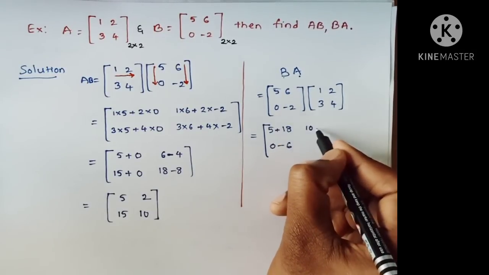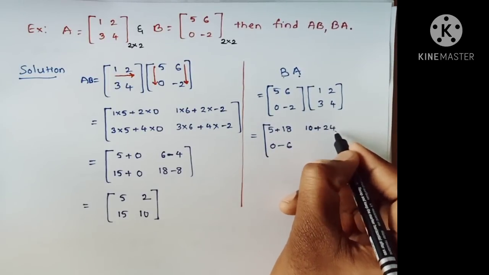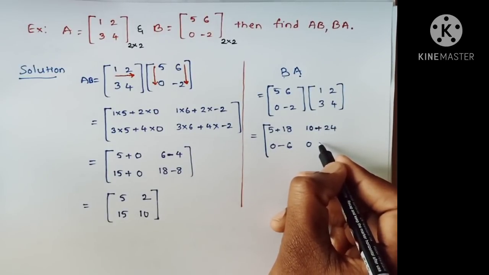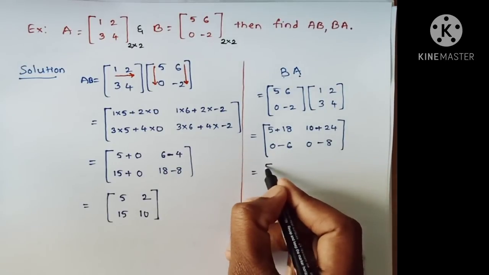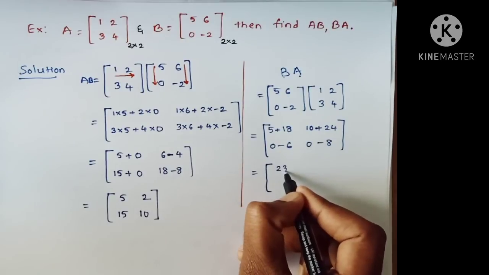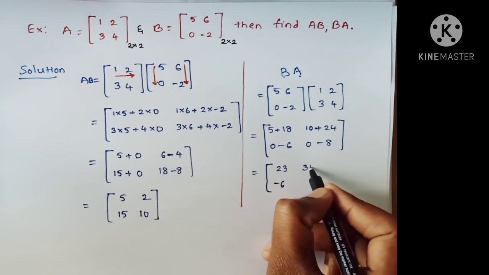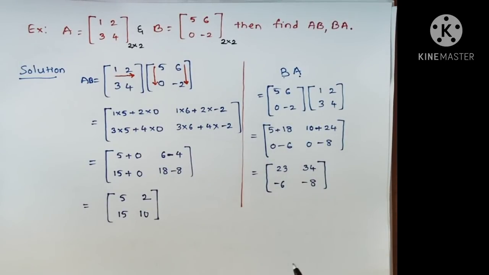Next, 5 into 2, 10, plus 6 into 4, 24; 0 into 2, 0, minus 2 into 4, minus 8. Then the resultant is 5 plus 18, that is 23, and this is minus 6, 34 and minus 8.